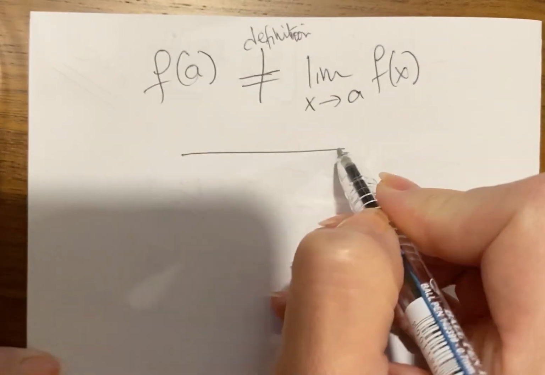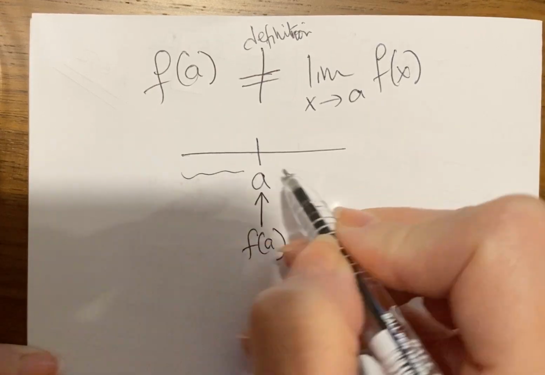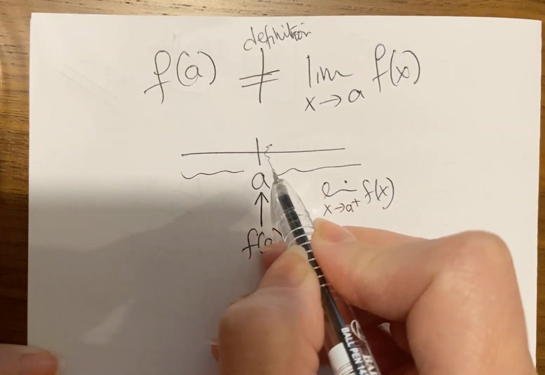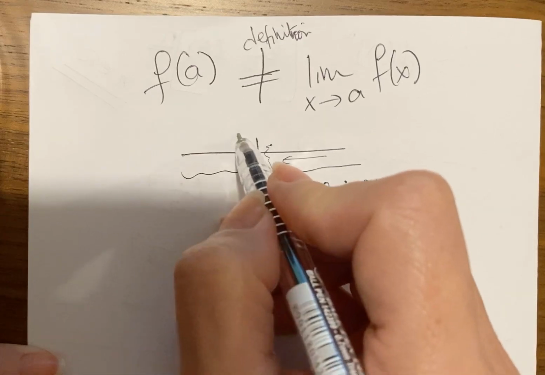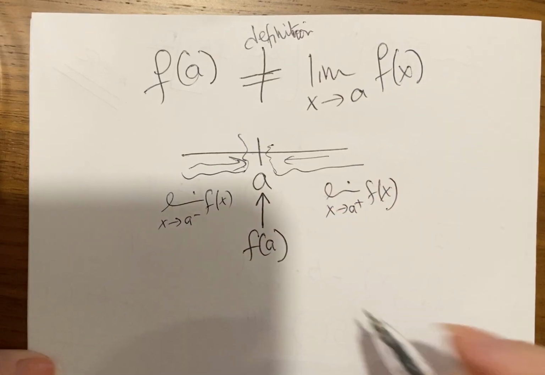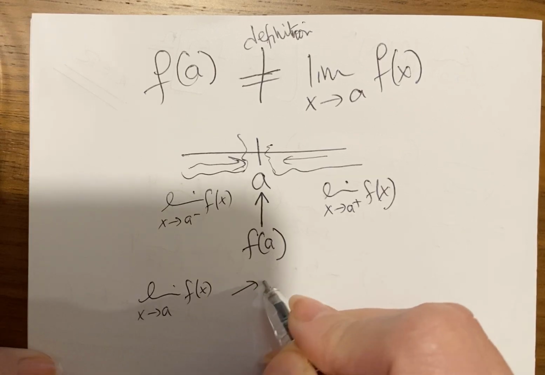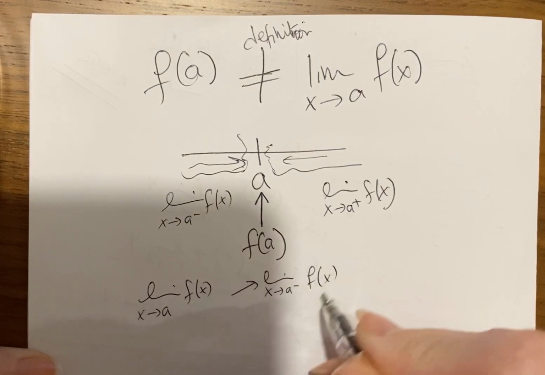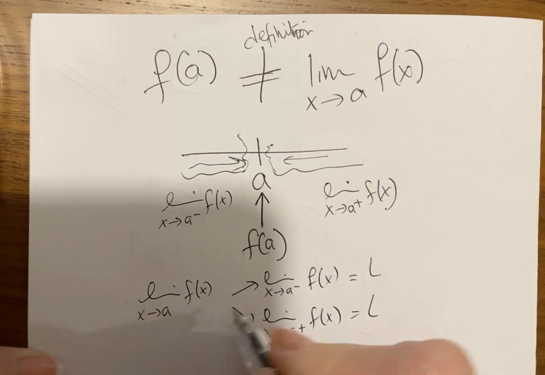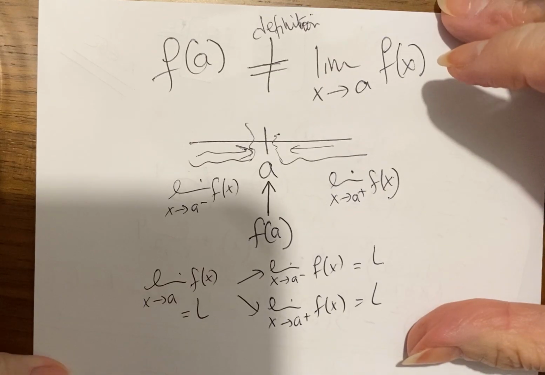I spent between yesterday and today telling you that f of a looks only at a, whereas the limit as x approaches a from the right looks at these values here, how are they behaving, and the limit as x approaches a from the left looks at how are these behaving, and the limit in general has to look at both the left and the right. And if they are both equal to the same number, we say that this limit is equal to L. So this is what I spent the past 2 days saying.